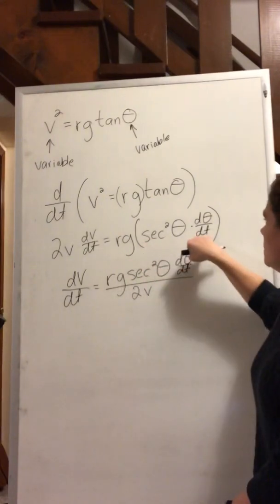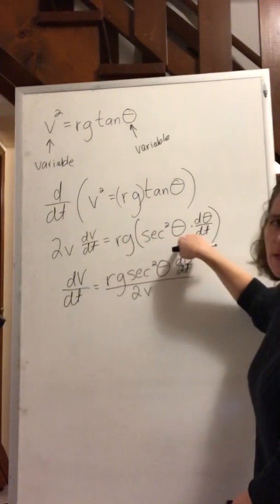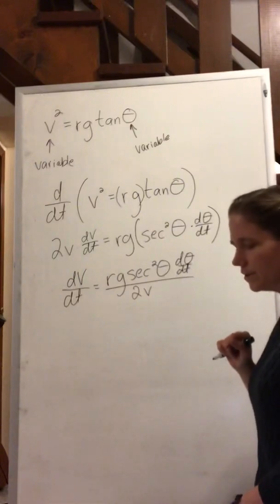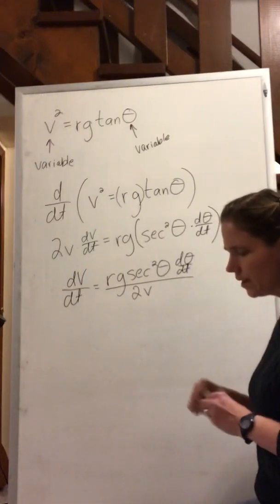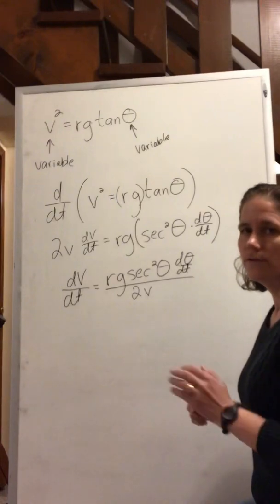To get d theta dt alone, you're just going to divide both sides by Rg secant squared of theta, and then you'll have d theta dt alone. I hope that helps on 37. We'll switch to 35 in just a sec.